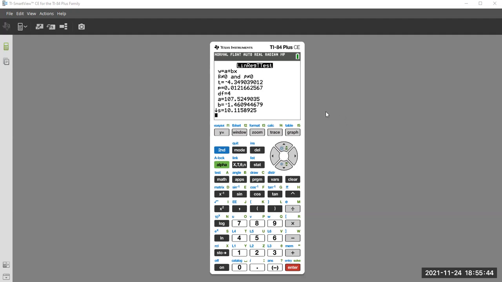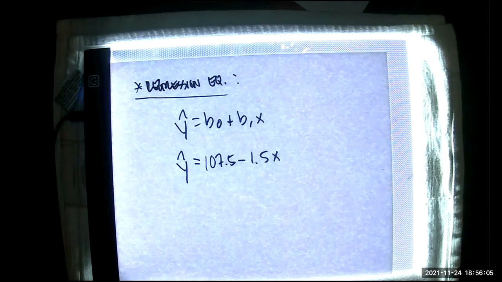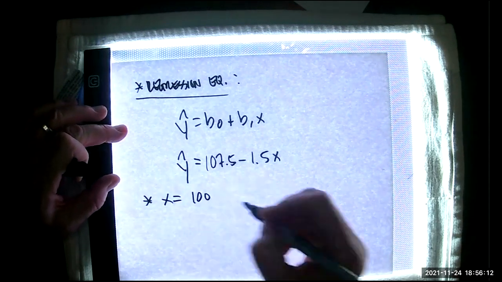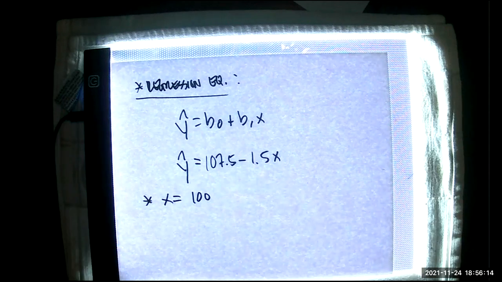107.5. I'm going to take one decimal place. That's the y-intercept, minus 1.5x. So I now have my regression equation, and I'm going to use that when x equals exactly 100.